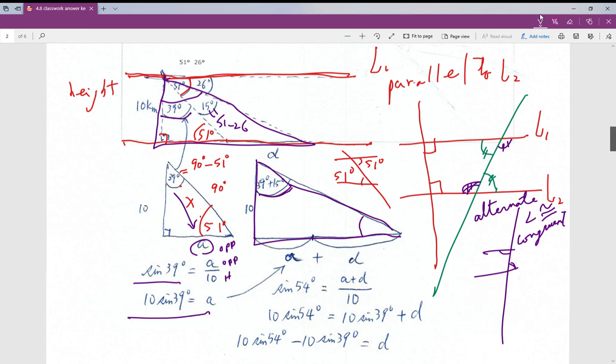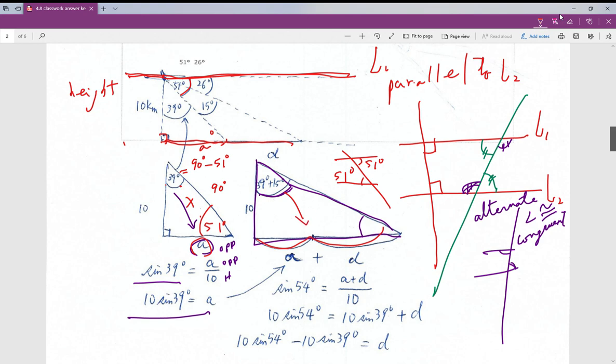So that's one thing. Okay, let me erase the marks again, because we want to find out. Right now, this one, we call it A. So here we have A plus D for the big triangle.